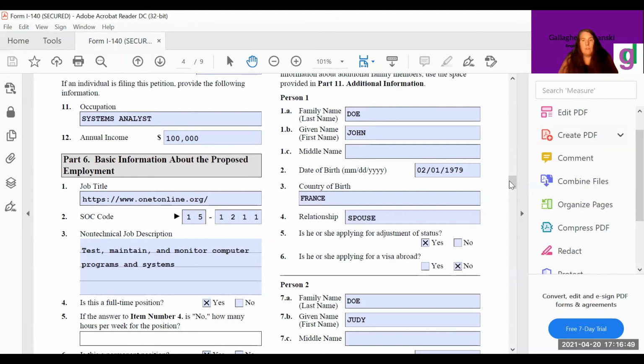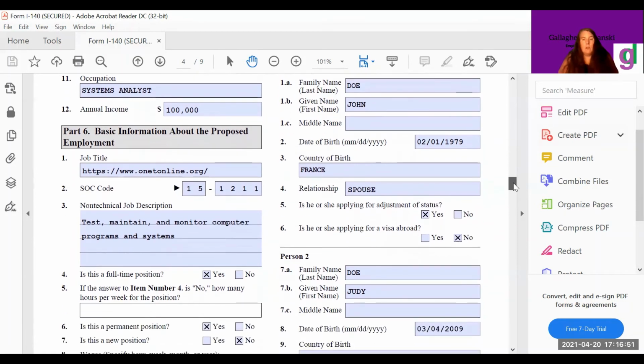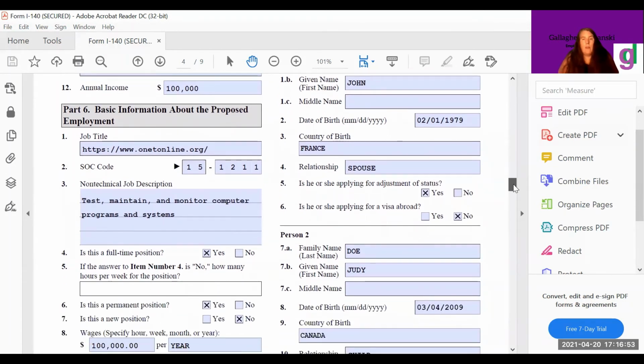And your relationship is spouse. Now, they were not born in the United States and they're not a citizen of the United States and they don't have a green card. So yes, they're applying for adjustment of status. They're in the US with you, so they're not applying for a visa abroad.